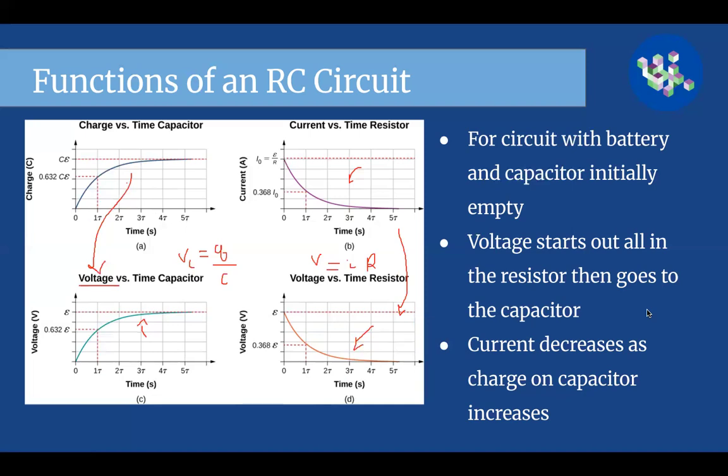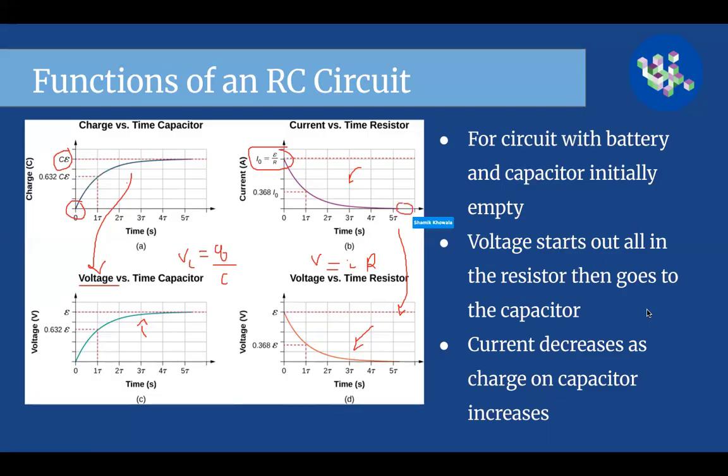Some of the start cases and end cases are very useful. A lot of problems would be like, immediately as the switch is thrown, what is the current? Or a long time after the switch has been thrown, what is the current? You can see that immediately after you connect it, the charge is 0 and the current is simply epsilon over R. But after a long time, the charge is C times epsilon and the current is 0.